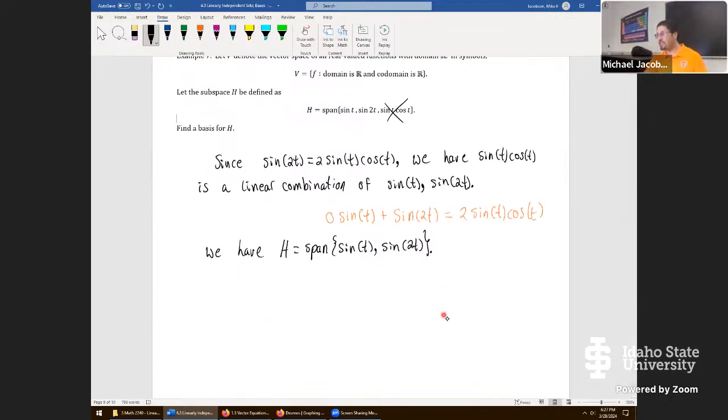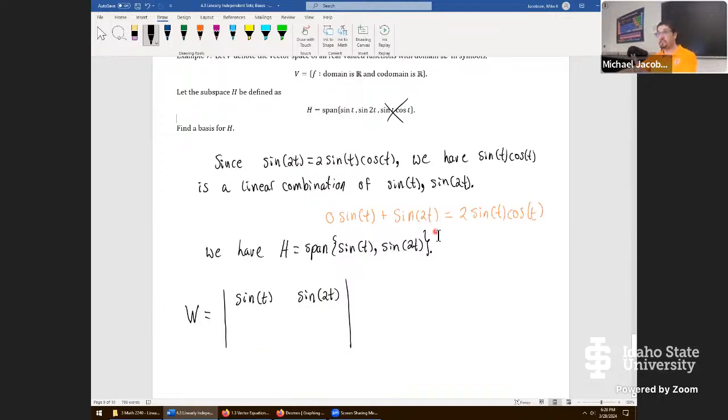And the way we work the Wronskian is we do W is our symbol. We're taking a determinant, and the first row in this determinant are the two functions or however many functions you're testing in question. So we'll put sine t, sine 2t, and here's where it gets a little bit tricky.